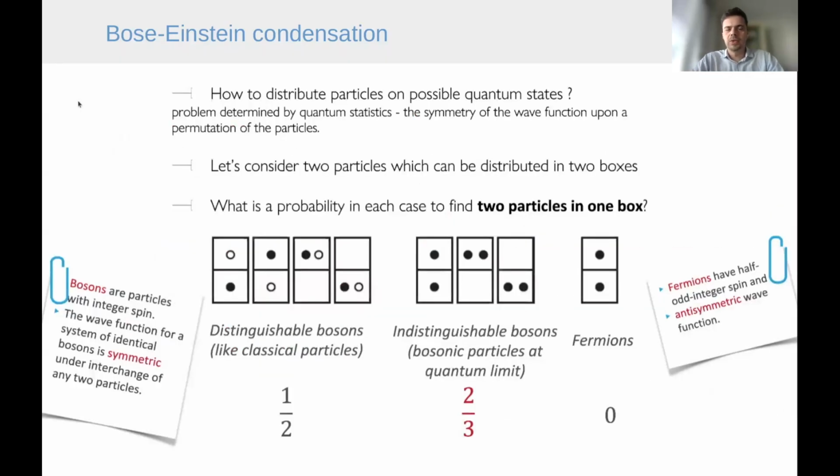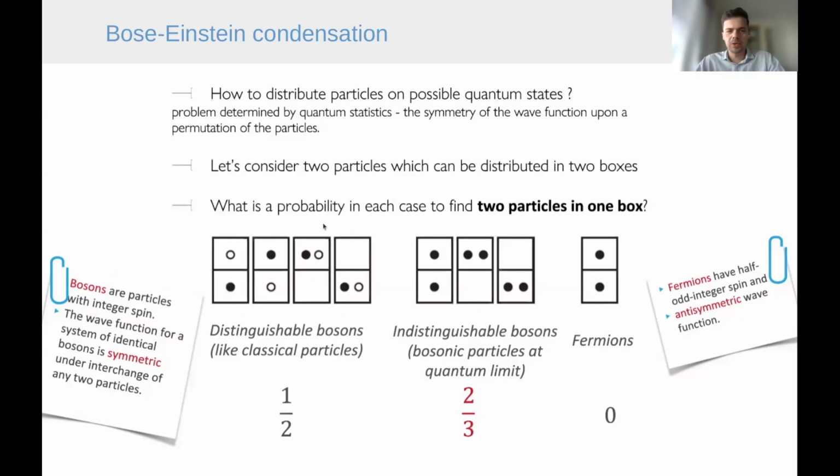So now let's take a look at it from the point of view of statistics. Let's consider three cases: distinguishable particles, indistinguishable bosons, and fermions. And let's consider the case where we have two particles, one white particle and one dark particle. And let's count the number of ways we can put these two particles in two boxes.